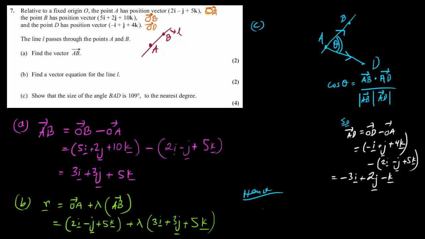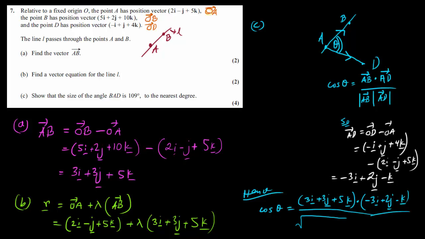Hence cos theta equals AB dot AD, so AB, we found it in the previous sum, 3i plus 3j plus 5k, dot AD, which is minus 3i plus 2j minus k.